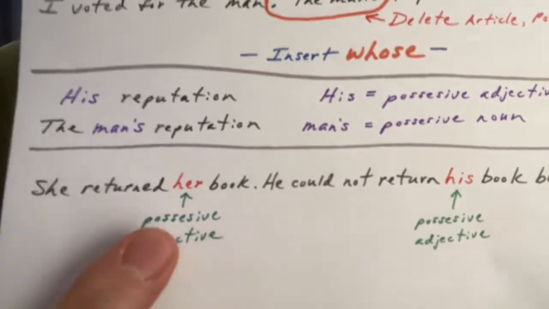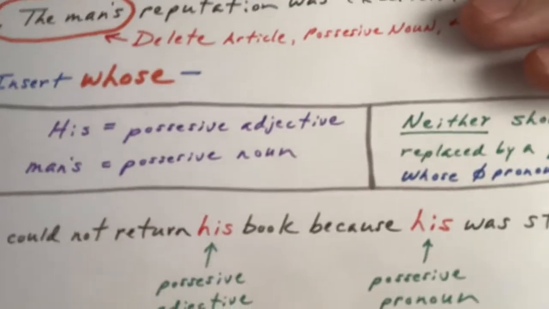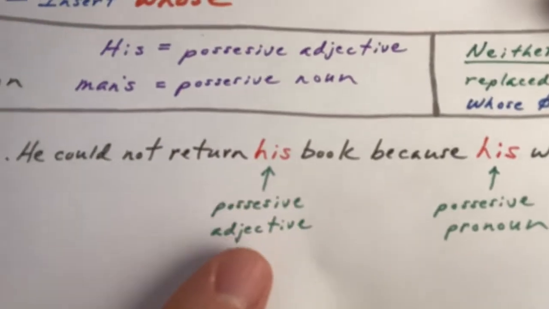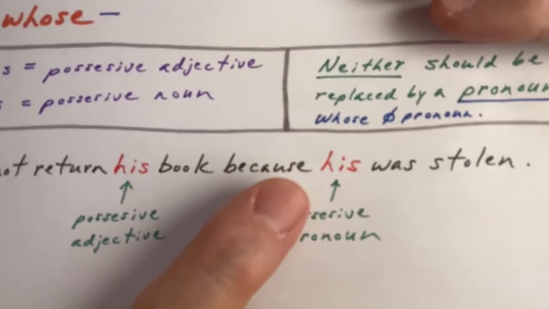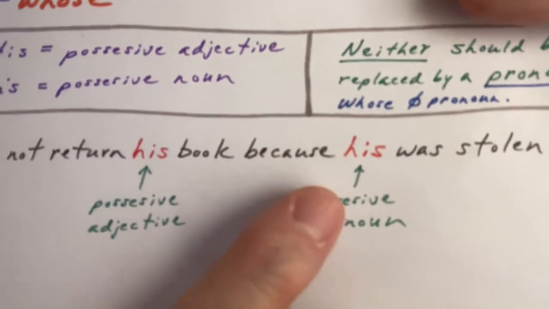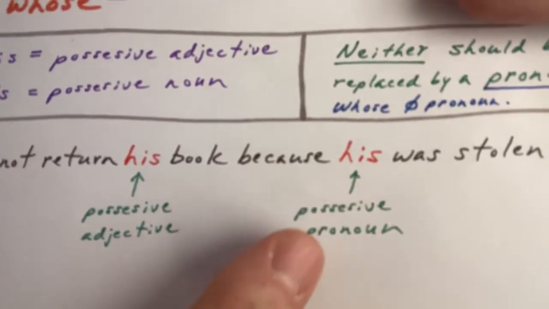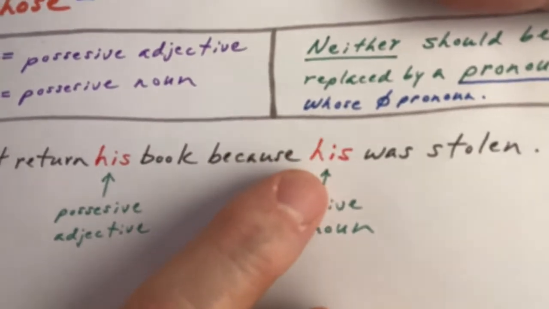He could not return his book because his was stolen. Now, here you have her book, a possessive adjective, her. Over here, his is a possessive adjective. Only here do we encounter a possessive pronoun, because this is basically a pro form. What you're really saying is his book, but you're just simply using one word, his.